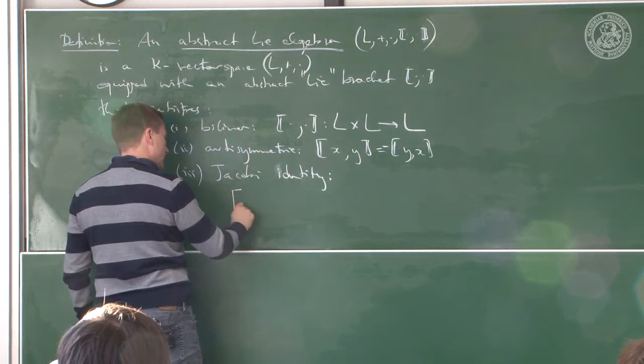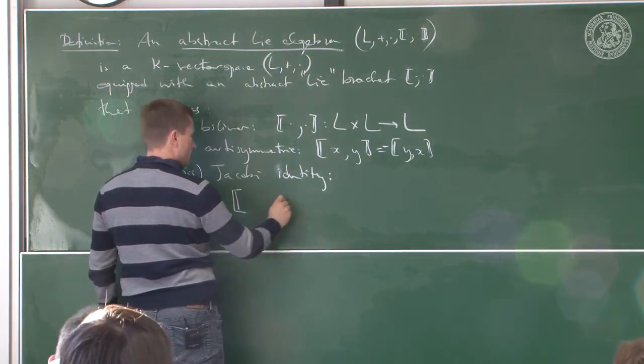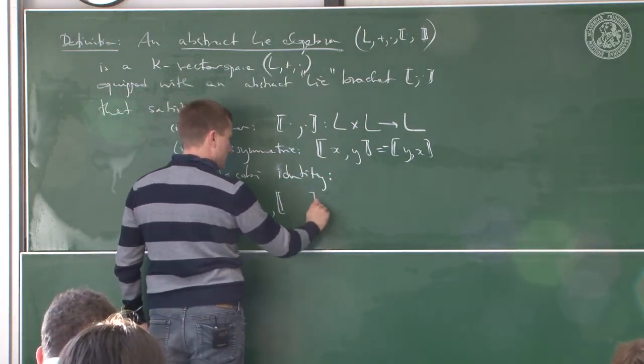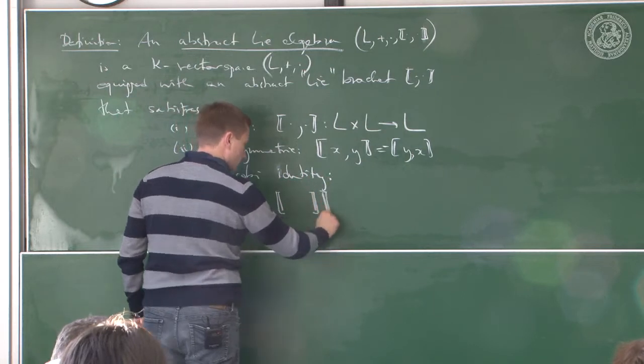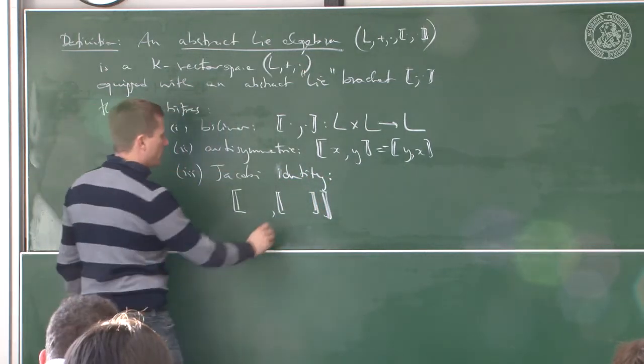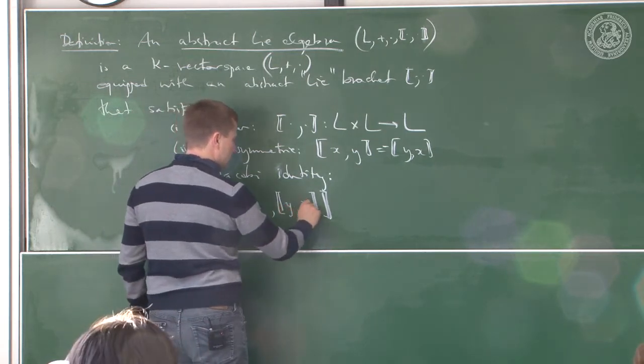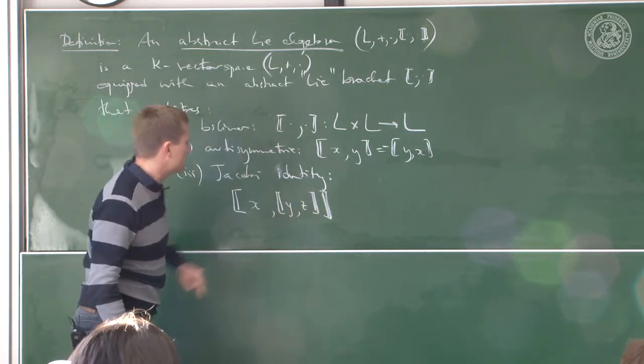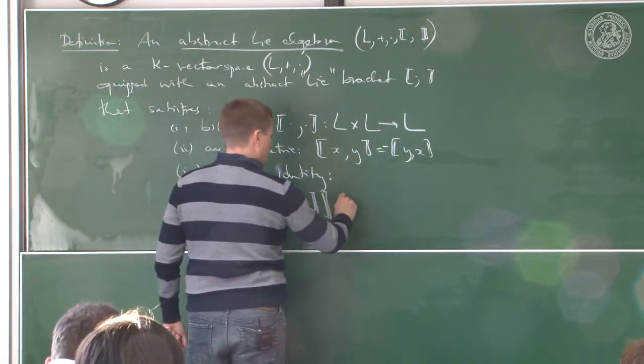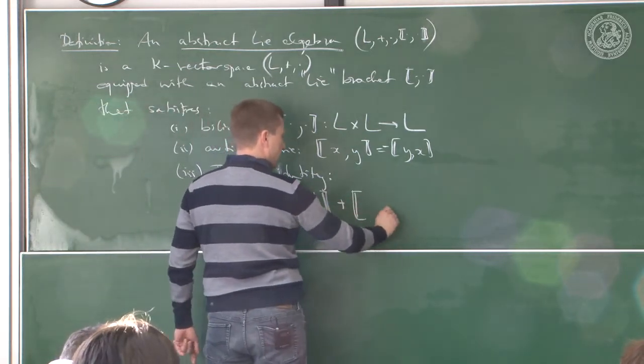And that's the following beast. So you look at nested brackets of this form, where you have elements x, y, and z. The second entry here is a bracket in itself.